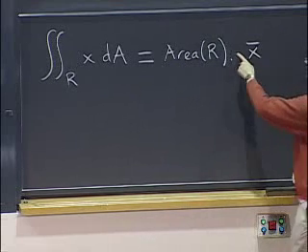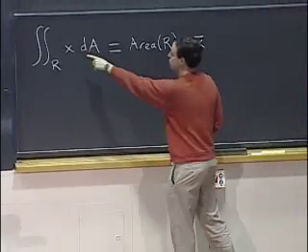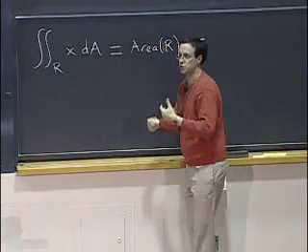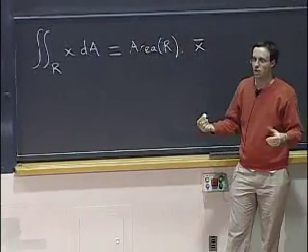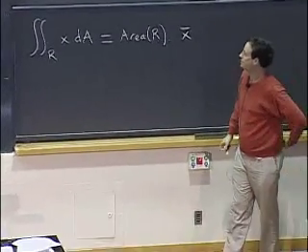Right? If I look at the definition of the center of mass, it's the average value of x, so it's 1 over the area times the double integral of x dA. Well, possibly with the density, but here I'm taking uniform density 1.